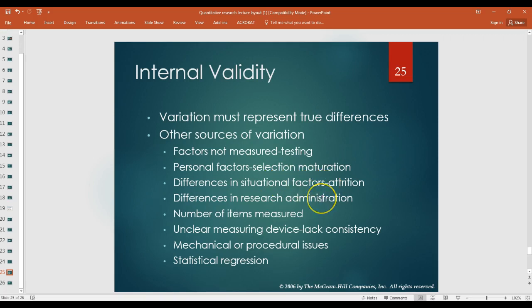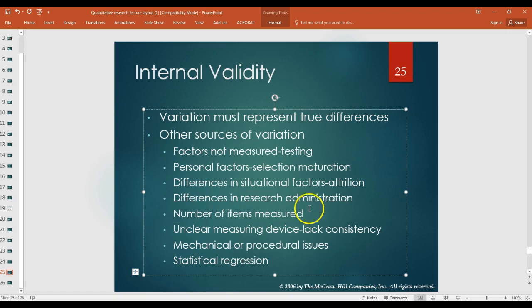Difference in administration. Maybe one researcher did the administration and then somebody else did the administration the next time of the treatment, and then again something might be affecting the internal validity. Number of items measured. You really want not to exceed in numbers, just to make sure that you are in control of your measurement, not out of control.